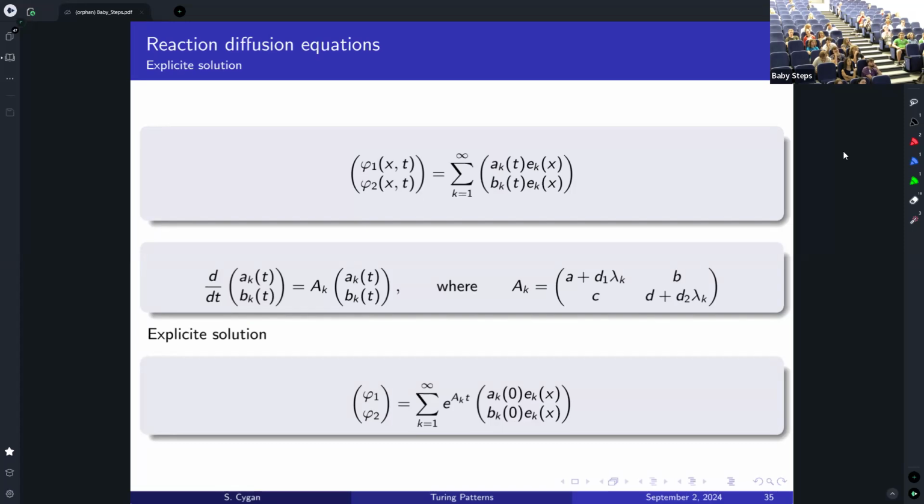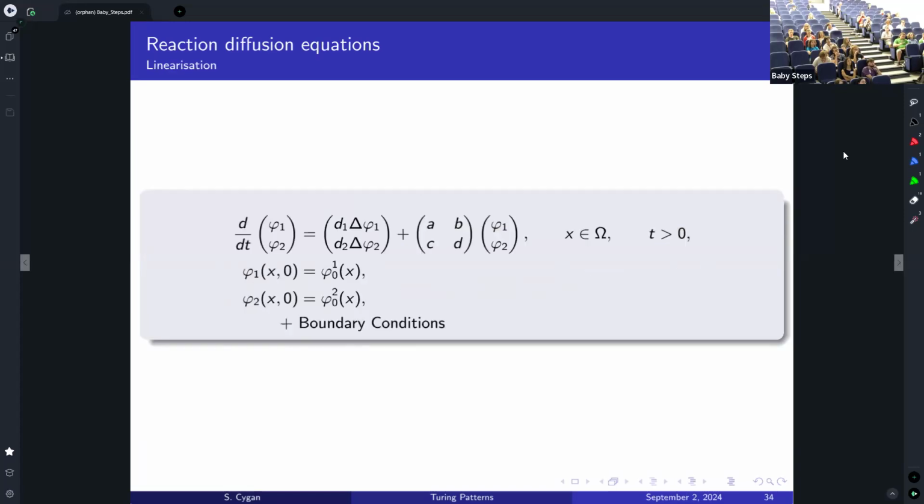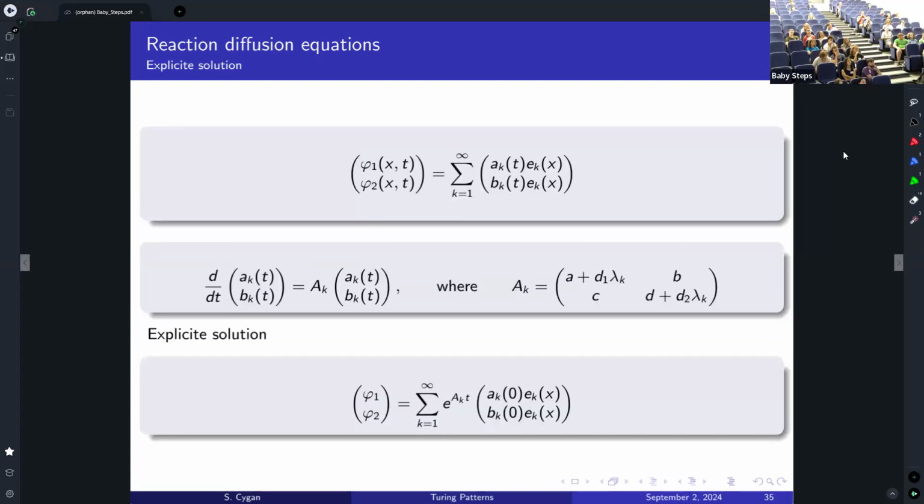And the matrix A_k is given by the following formula. It follows immediately from substituting the solution of this form into this equation, and using the property that the Laplace operator on the eigenfunction is equal to lambda_k multiplied by the same function.